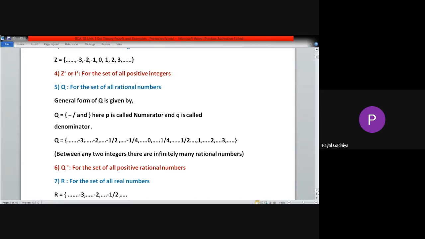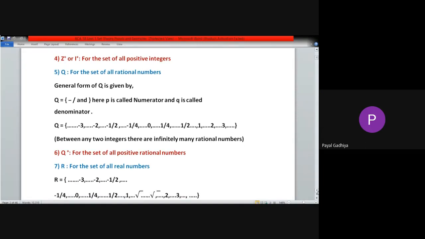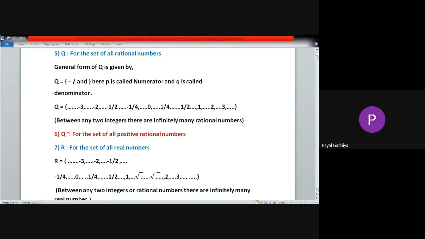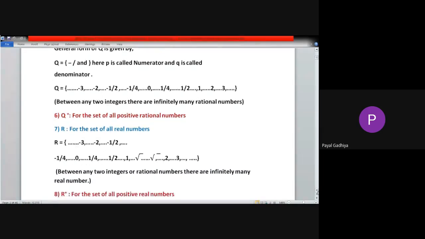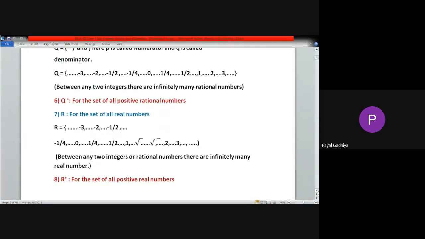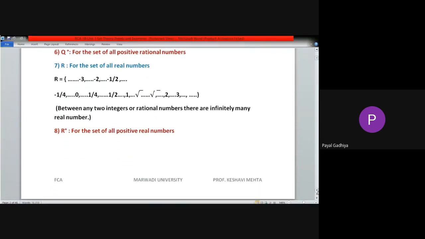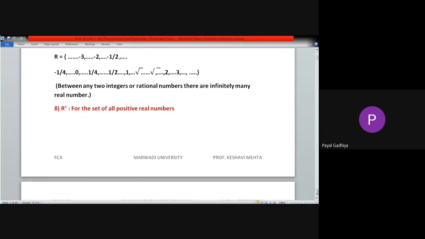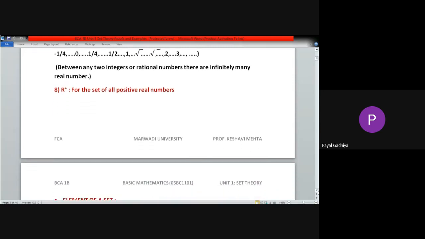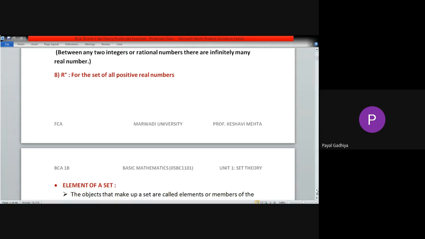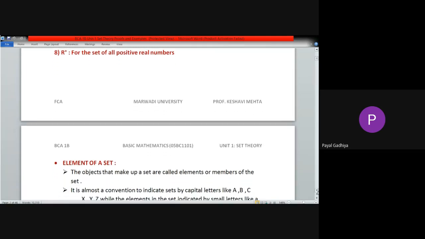But numbers of the other type also exist. These numbers never end after the decimal point, so they are called irrational numbers, like root 2, root 3, and the number pi. Okay, the next set is R plus, the set of all positive real numbers. So these are real numbers but positive.